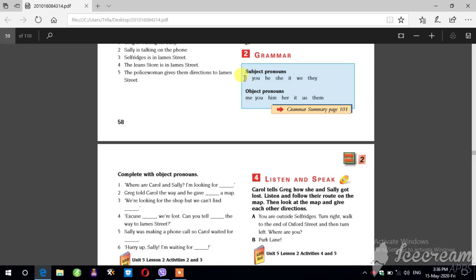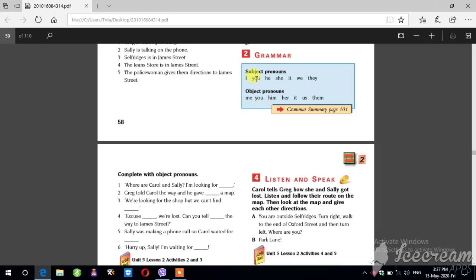But the first word of the sentence is a subject pronoun. It will be I. But if we change it for object pronouns, we change I for me.